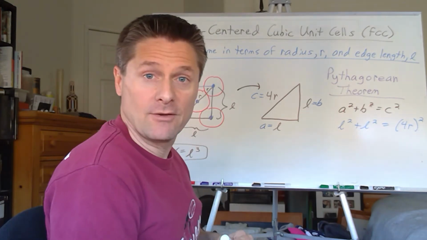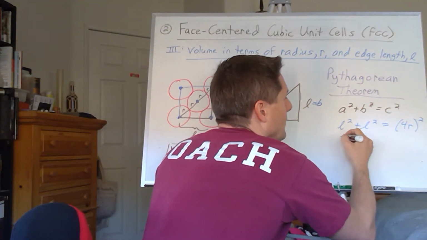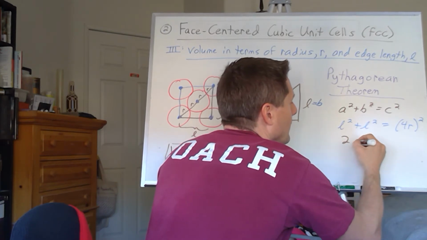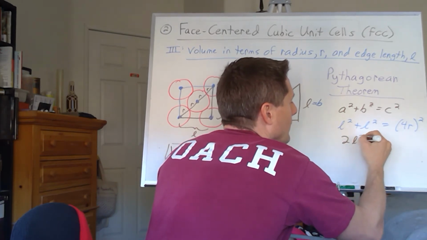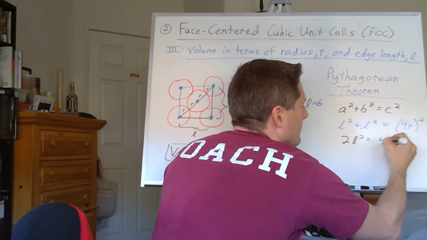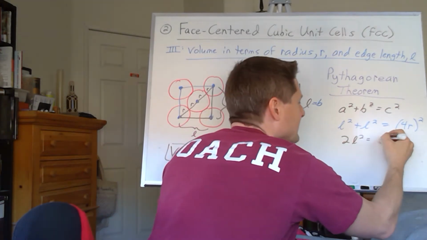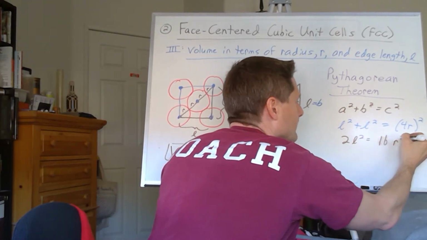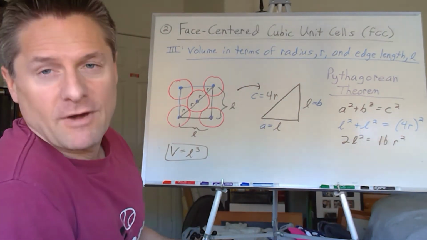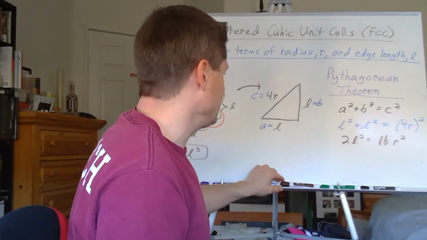Can we add those together? Certainly we can. Let's square the 4, right? So we get 16. So far, so good. So 2L squared equals 4 squared r squared, which is 16 r squared.